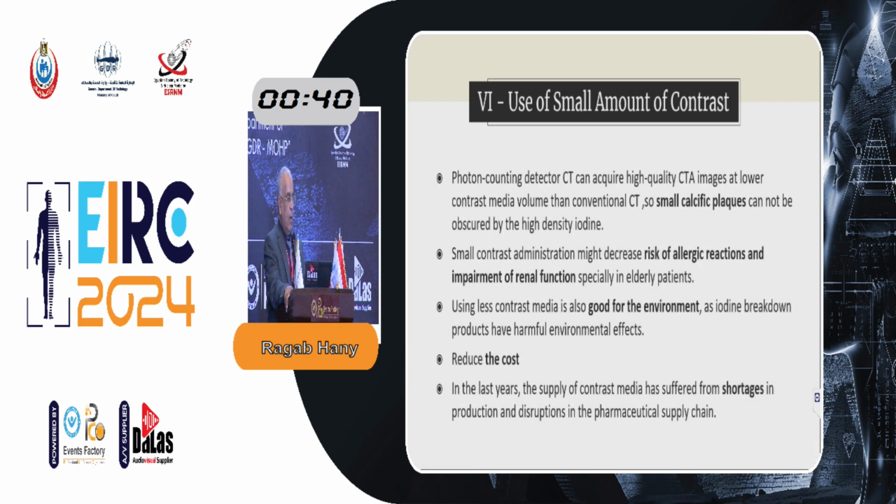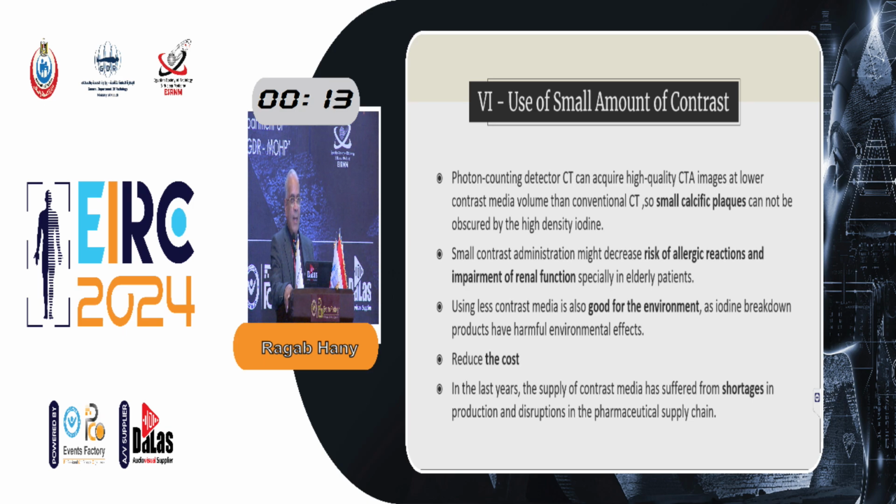Also, we have an advantage here of using a small amount of contrast, because we have the high resolution. It reaches down to 30% of the normal dose. The high iodine contrast used in conventional CT scan may obscure small calcified plaques, so we cannot detect them by CT scan.